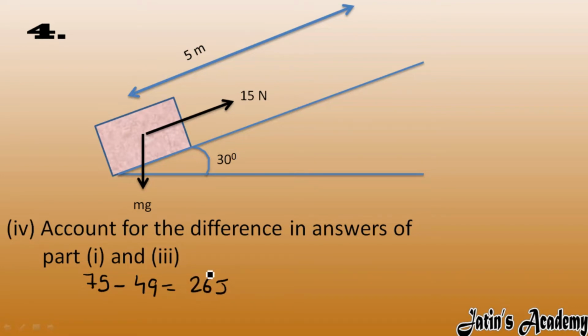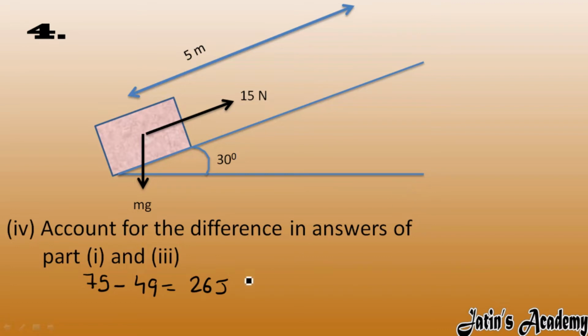Carefully see. This is the total work done. 75 is the total work done in moving. In this case, the block is moving in this direction also, in this direction also. Means when the block is moving on the inclined plane, height is also raised, as well as it is also moving on a rough inclined plane.